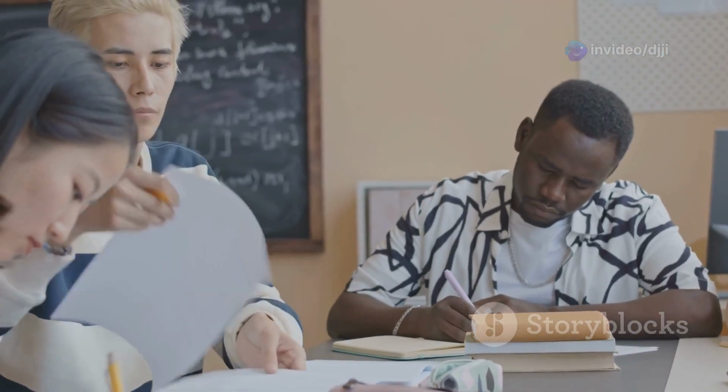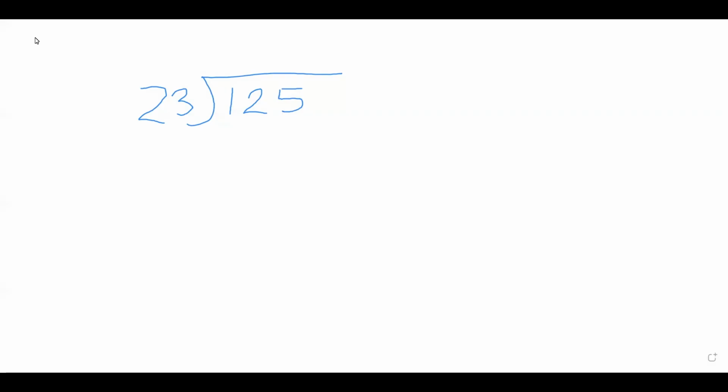Now, to divide polynomials, we use long division. This method is very similar to the long division you learned in elementary school. We have 23 divided into 125. We will start with the number on the furthest left. So we first try to figure out, can we divide 23 into 1?